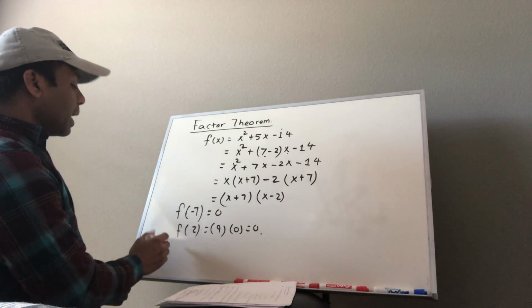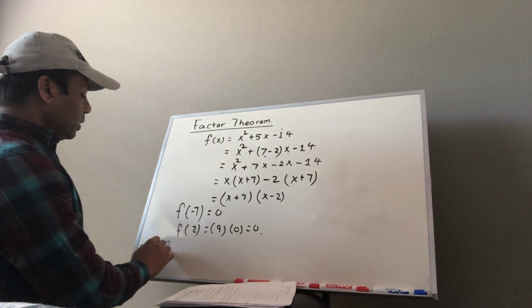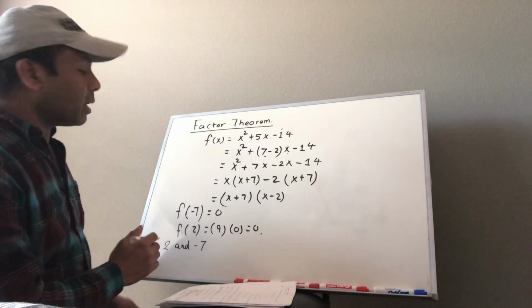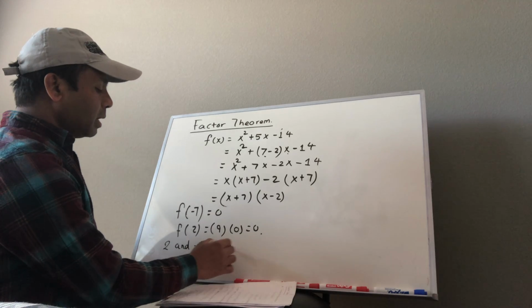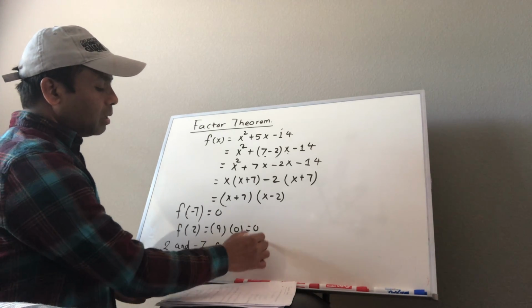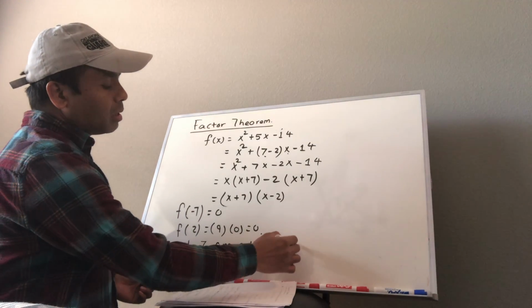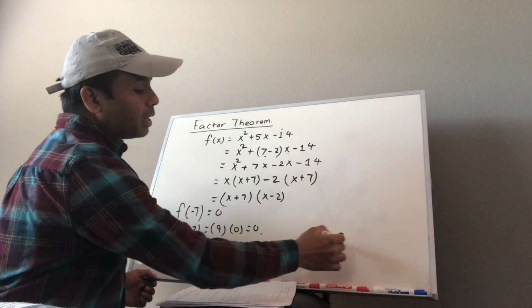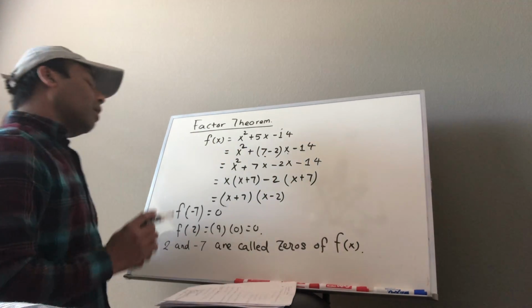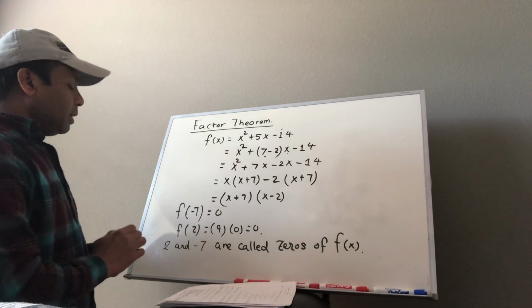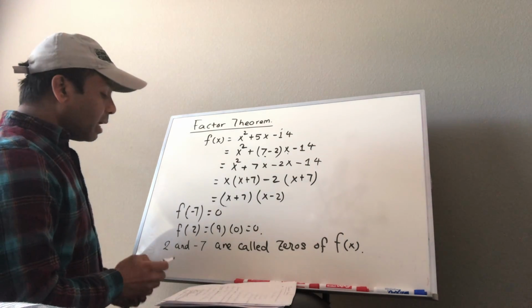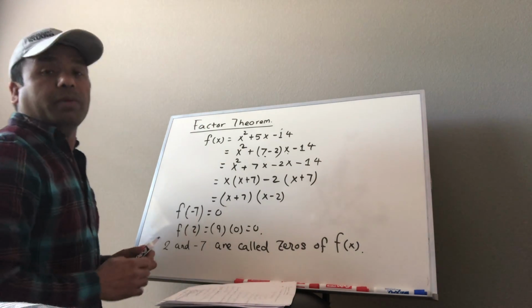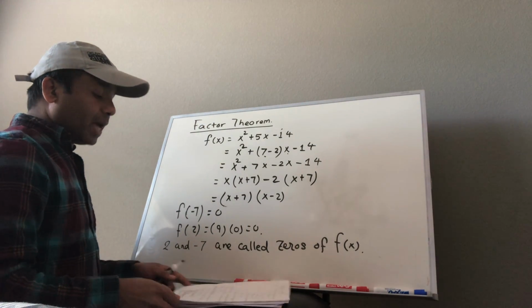This 2 and negative 7 are called zeros of this polynomial function f(x).